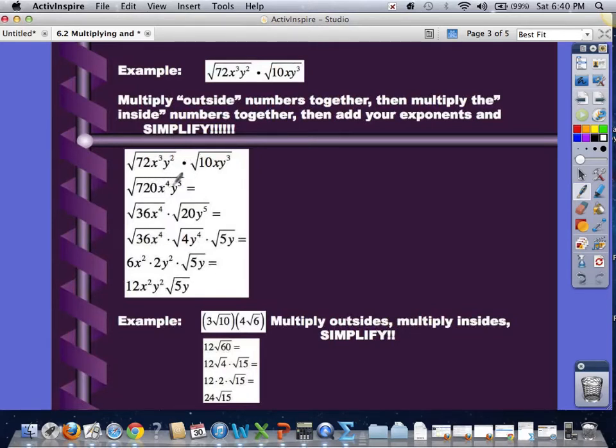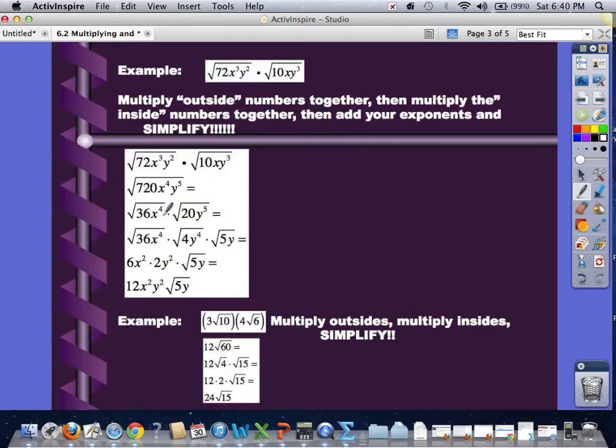So this combined now is this total. And then you can tell this one has to be simplified because we have a huge number and we have 4 x's and 5 y's, so you know they can be split up. And remember, if there's no index, it's assumed to be a 2. This is a square root. So I look and see if there's any perfect squares that can come out of 720, and I know that 36 times 20 will make 720, and 36 is a perfect square.